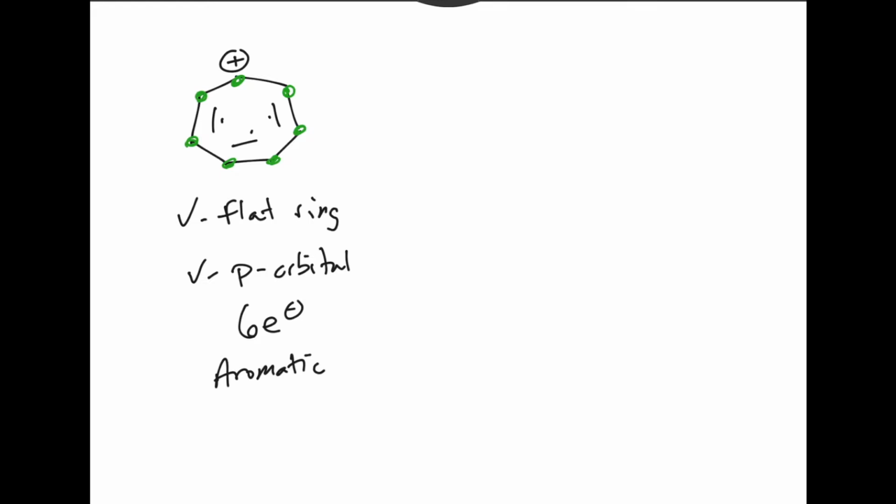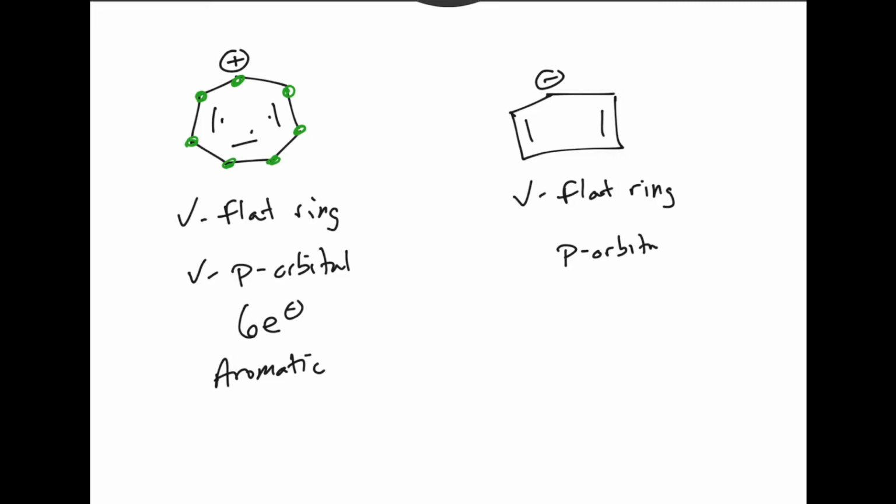For a carbanion, this is kind of a go-to example. Again, this is a flat ring. Does everything have a p orbital? These atoms there are all part of a double bond, so they count as having a p orbital. And then our carbanion has a p orbital, right?